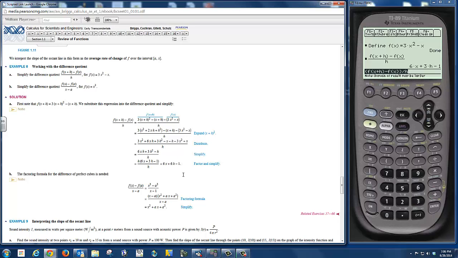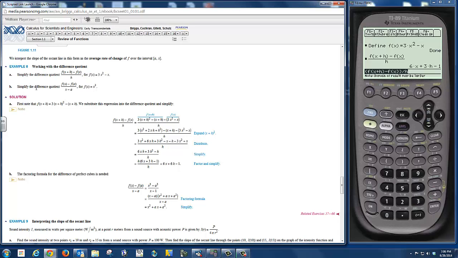Because the book made a typo. You'll notice here the book says h times the quantity 6x plus 3h minus 1 divided by h. The h's cancel, so that should be a 3h. So it's just a typo in the book. So we did get the correct answer.